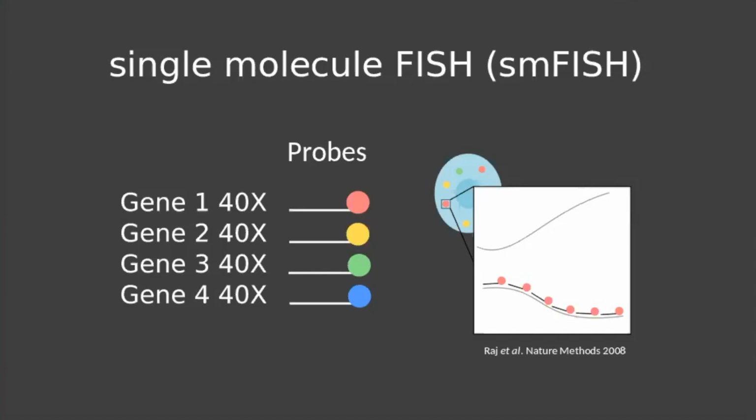And these are very short nucleotides, like 20 to 30 nucleotides long, and they're individually labeled with a fluorophore, indicated here by the colored dots. And they're designed in such a way that they tile the mRNA, they fill the whole thing up to 50 probes.